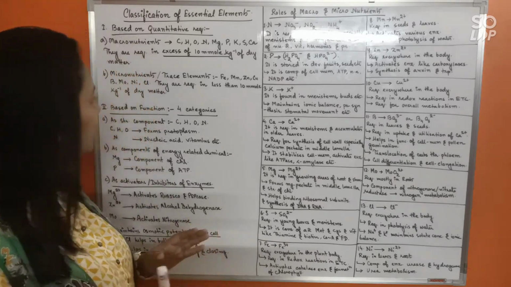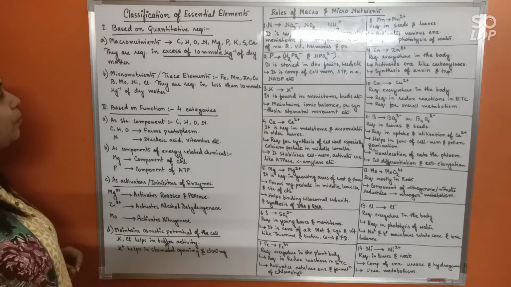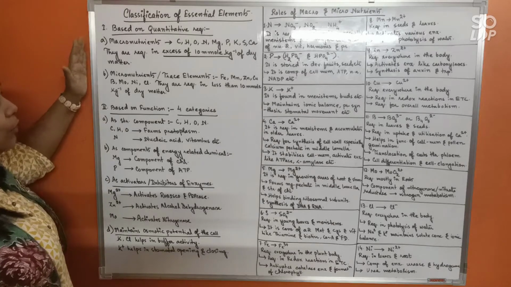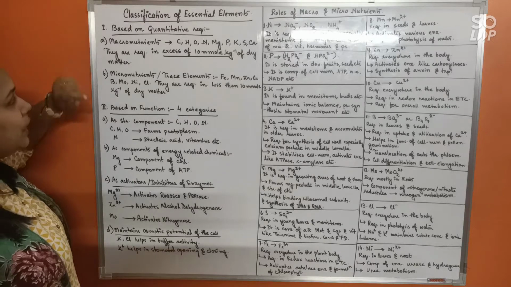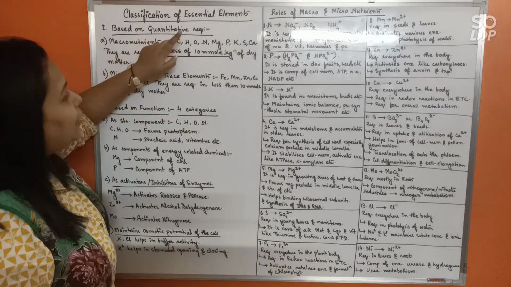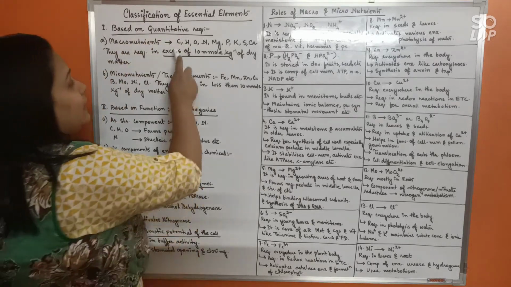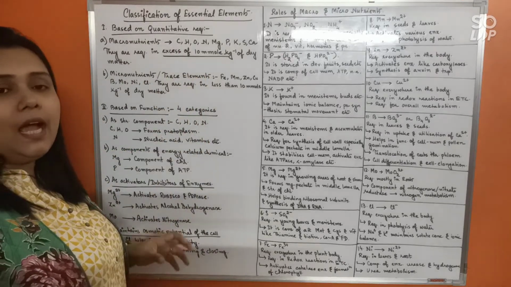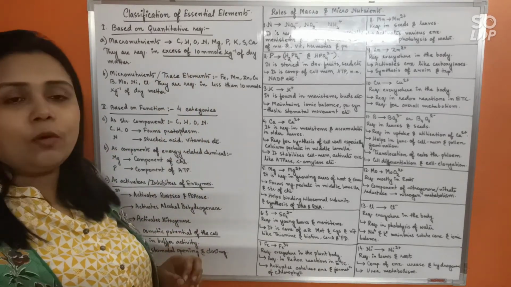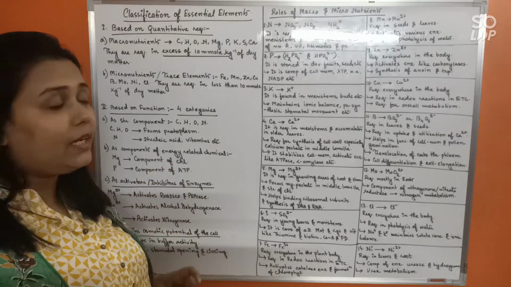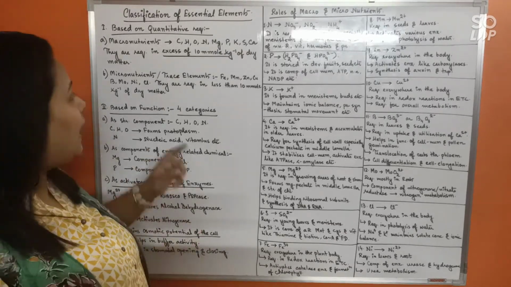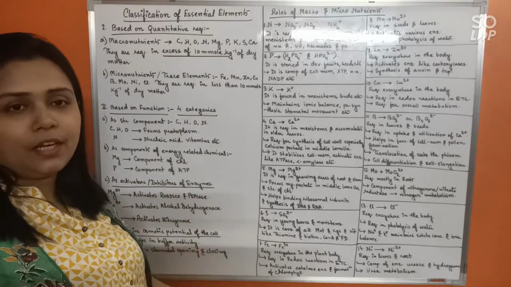Now, do remember another important thing: out of the 17 essential elements, in the macronutrients we have carbon, hydrogen and oxygen. These three are not obtained by the plant from soil. Carbon is obtained from carbon dioxide, hydrogen from water and oxygen from both carbon dioxide and water.